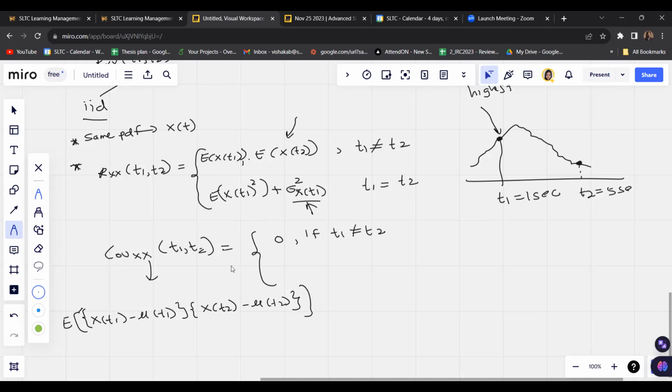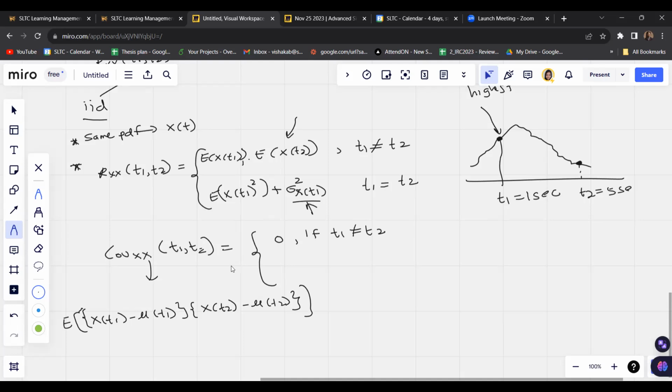So if T1 and T2 are not the same, the autocovariance function is highest when the signals are similar. If these two signals are not similar, then they have zero covariance between them.